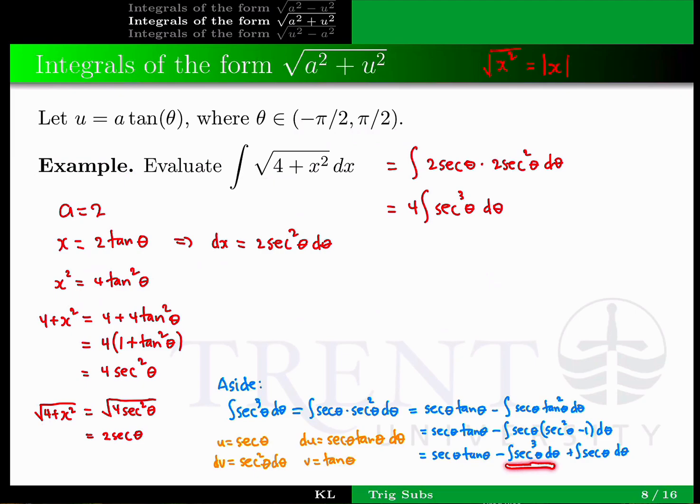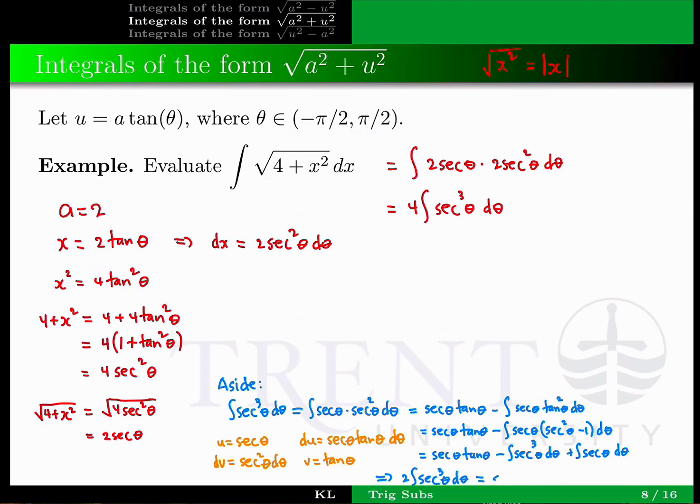And then for this one, we bring it to the other side of the equation. So the other side of the equation will become 2 integral of secant cube theta d theta.